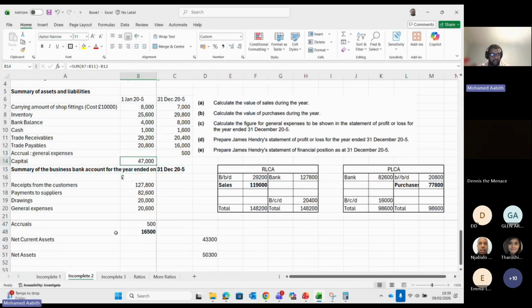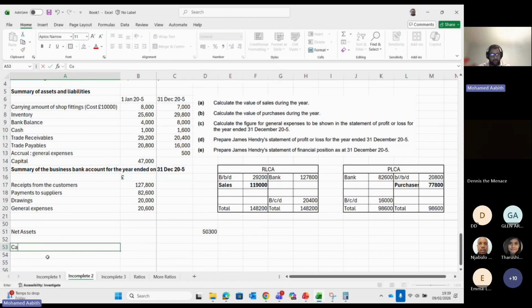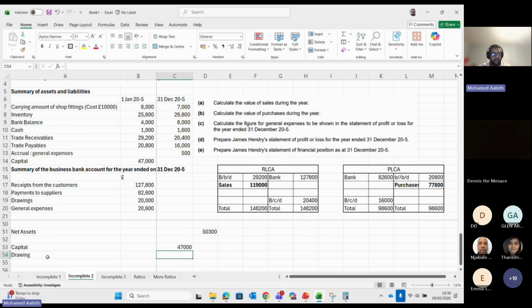So let's prove it here. That will be equal to capital at the beginning of the year, which is £47,000. We have drawings. How much were the drawings? £20,000. And profit for the year. How much is the profit for the year? We calculated a profit of £23,300.